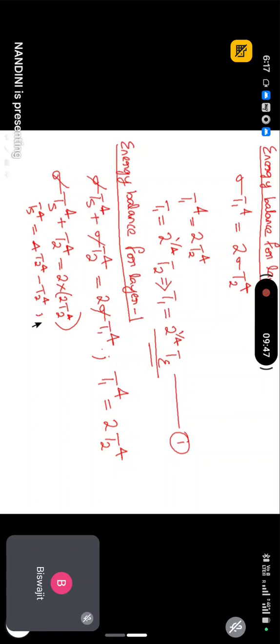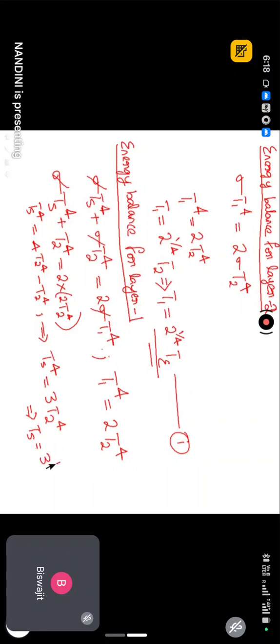Or Ts raised to 4 is equal to 3 T2 raised to 4, which basically implies Ts is equal to 3 raised to 1 by 4 T2, where T2 is basically our emission temperature, which is Te.